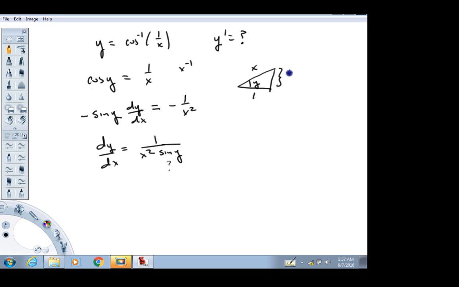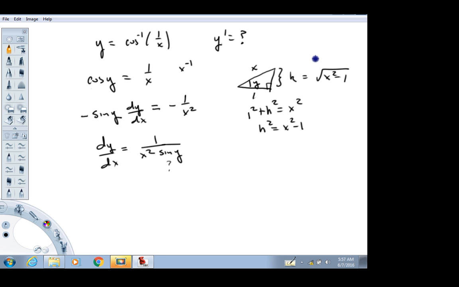I'm just going to give this a name for just a moment and call it h. We can find that side by Pythagorean theorem, because 1 squared plus h squared has to equal x squared, because this is a right triangle. So h squared is going to equal x squared minus 1. So h is equal to the square root of x squared minus 1.